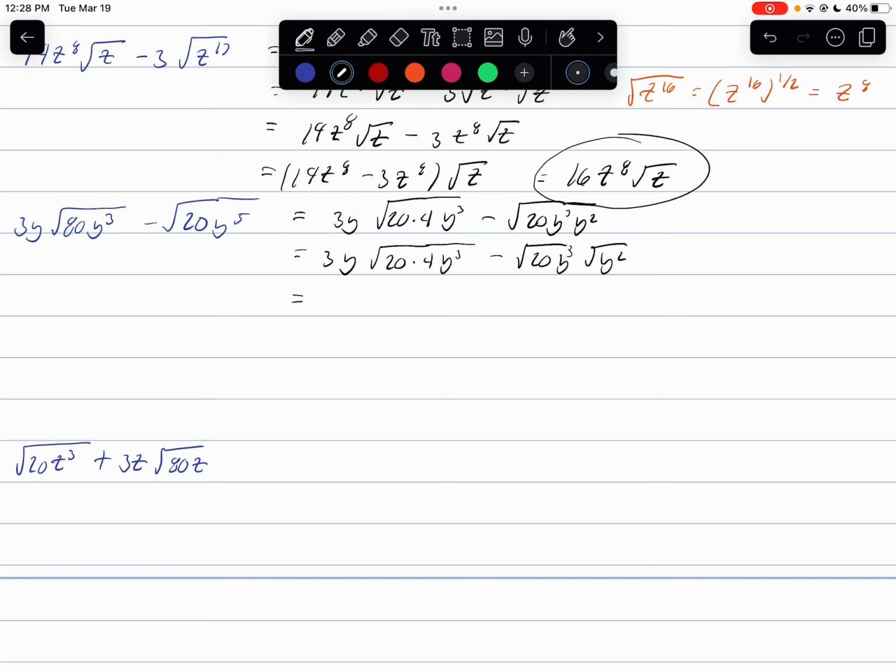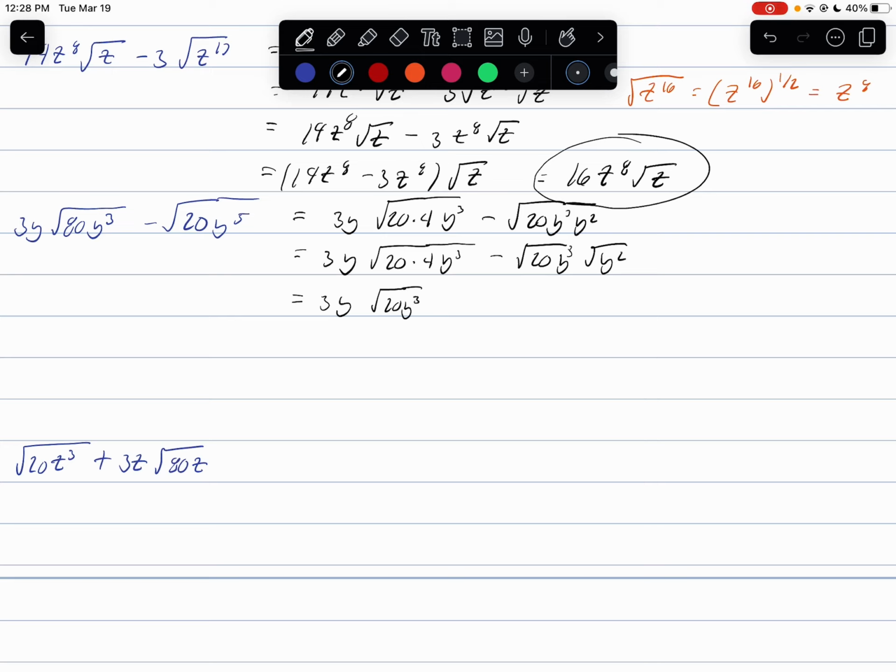Okay, so we can pull out that 4 too. So we have 3y times the square root of 20y to the 3rd minus, so the square root of y, I'm sorry.